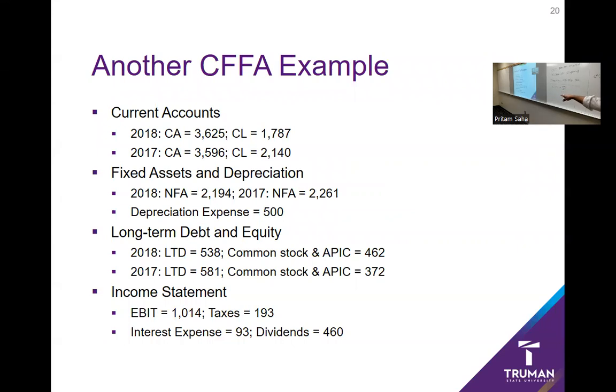Dividend is 460, right? If we sum them up, cash flow to liability plus cash flow to equity should be 506. You all got that? Then good job.